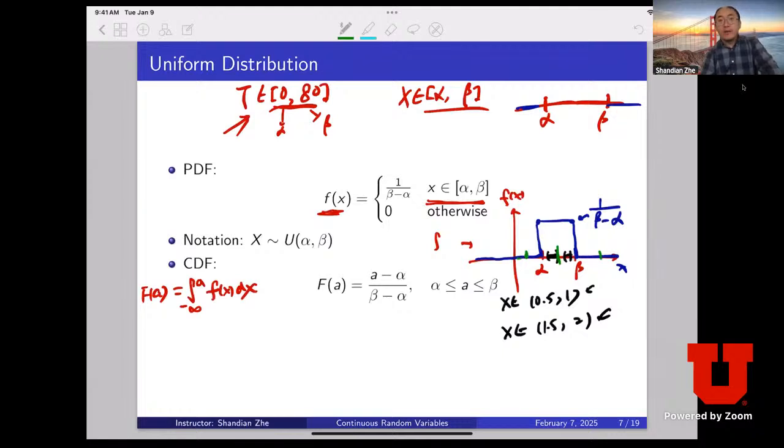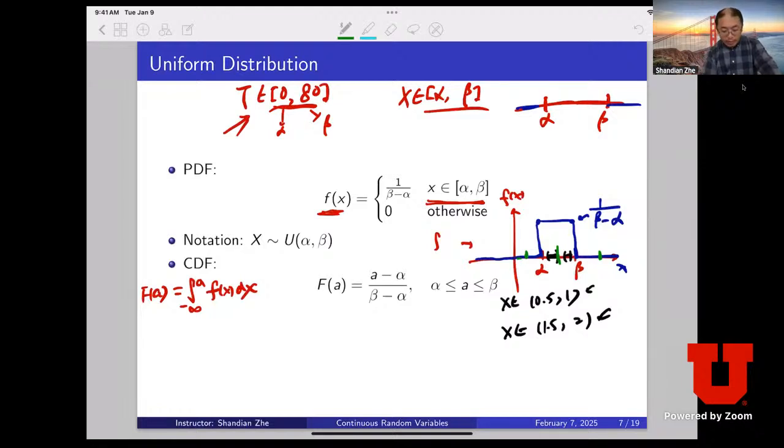But when your a is between alpha and beta, your probability density function is a non-zero constant. However, when your a is bigger than beta, the density function becomes 0 again. That's something we should take care of during our calculation. Does it make sense?